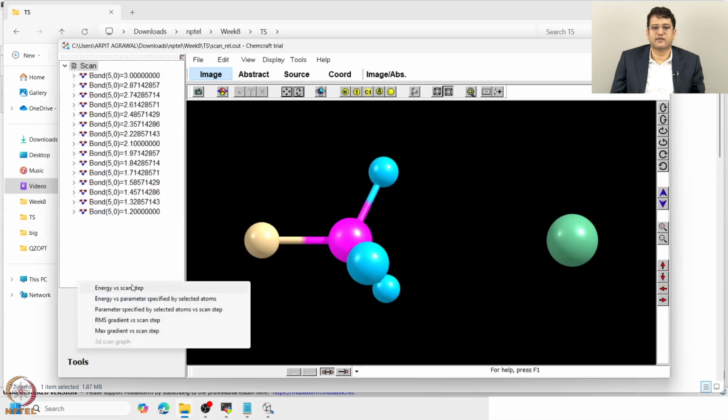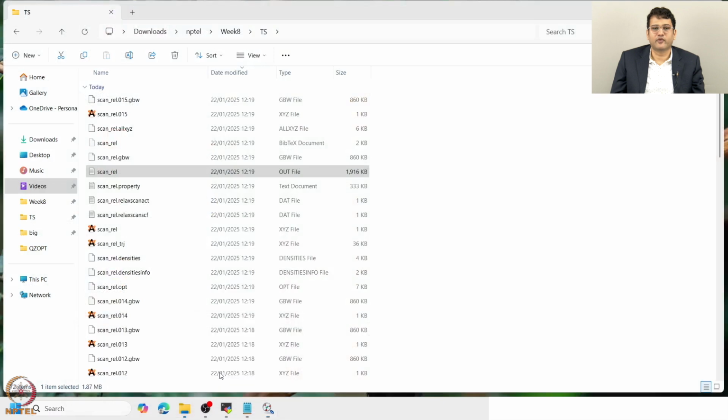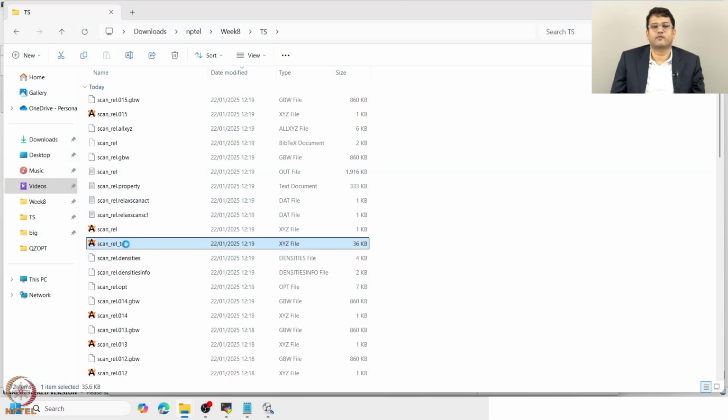So if I now see the scan graph again, I see a minima, maxima here. So it's at 0.8. Also, as we have done before, we should also see the trajectory to see whether we are looking at the correct trajectory or not. So this is the trajectory.